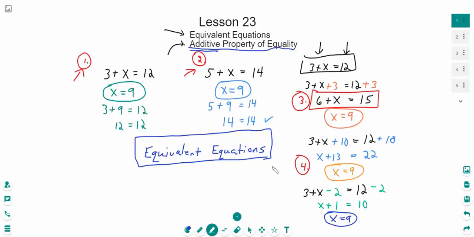Now, how are we going to use this? Well, that's the next step here. So let's take another equation. And let's say we have x plus 22 is equal to 36. All right. So it's a very simple equation still.